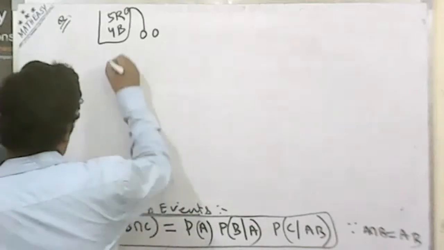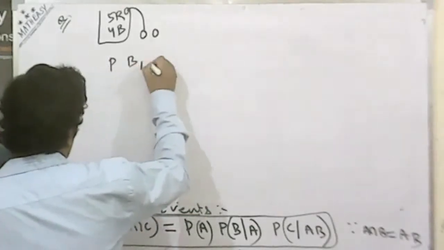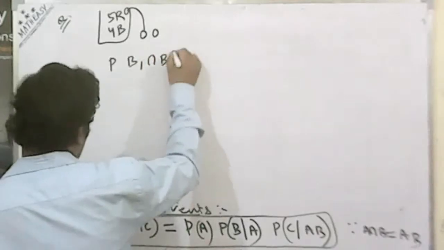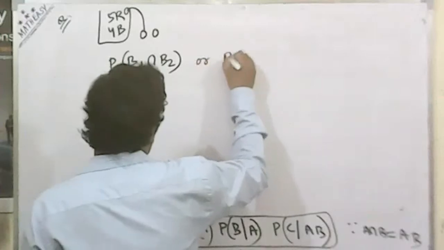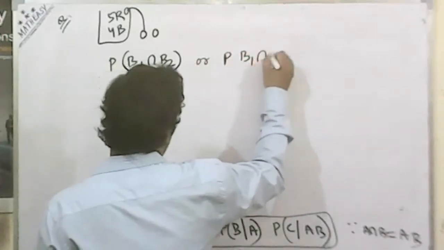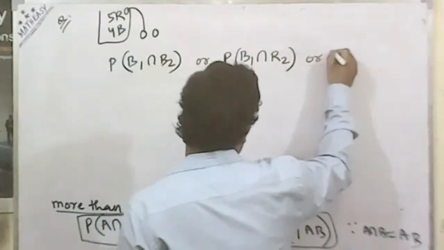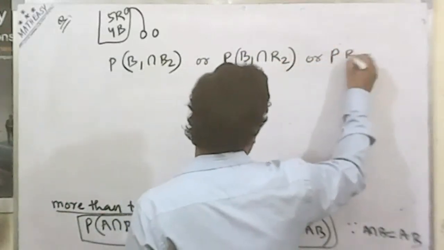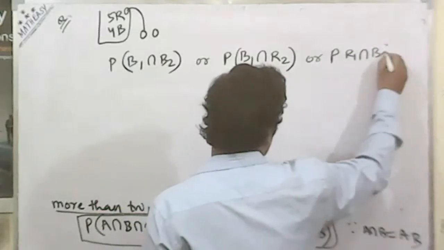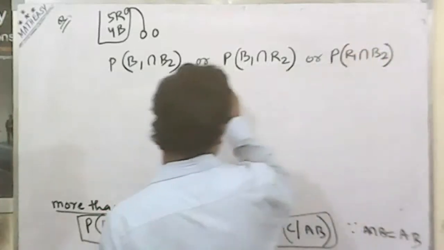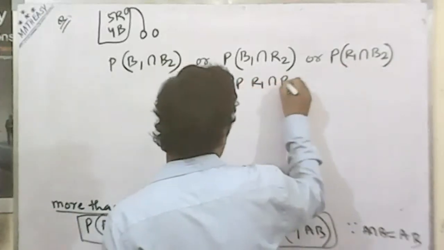So, probability of maybe black 1 intersection black 2, or black 1 intersection red 2, or probability of red 1 intersection black 2, or probability of red 1 intersection red 2.